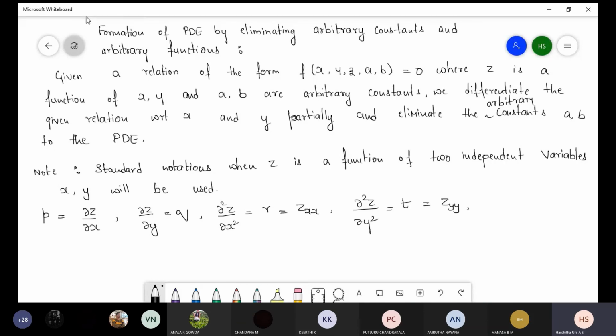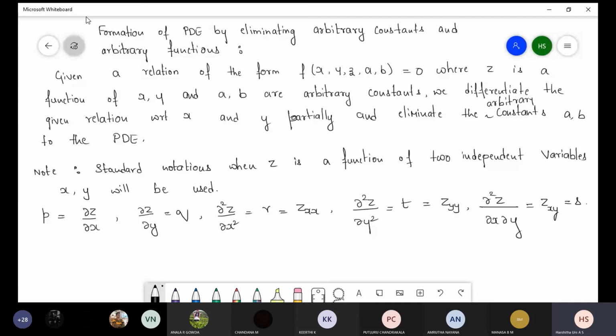Next, ∂²z/∂x∂y: first differentiate z with respect to x partially, next z_x with respect to y, that is second time differentiation. This we will call s.